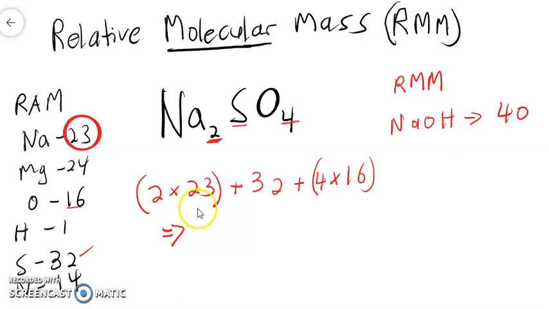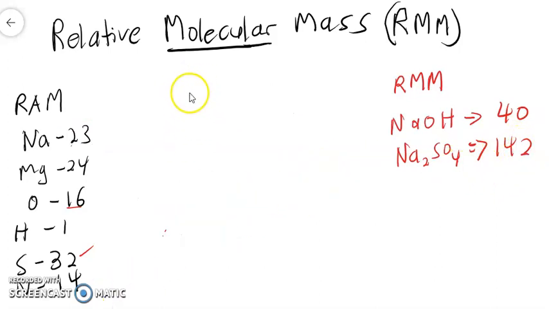So your total answer here is 142. So the RMM for Na2SO4 is 142.